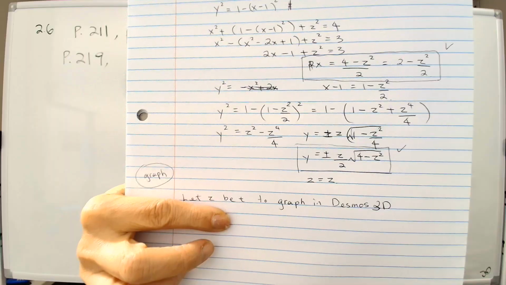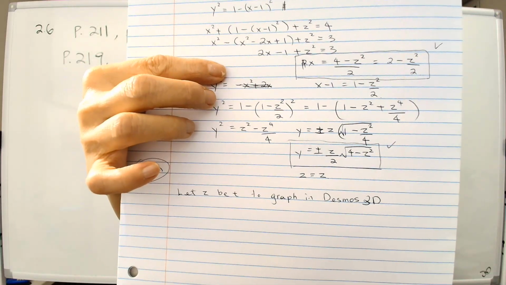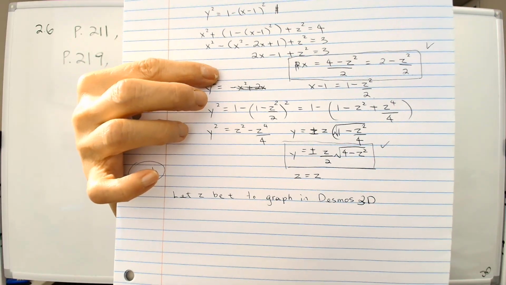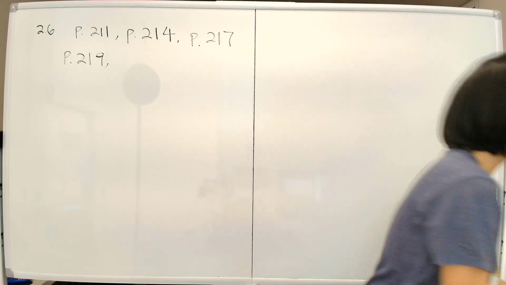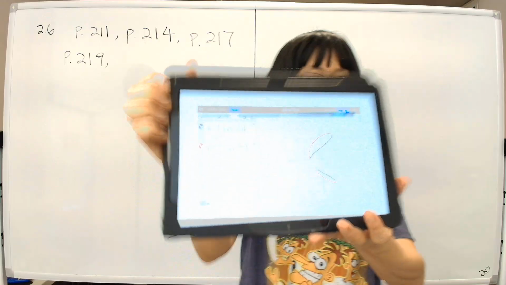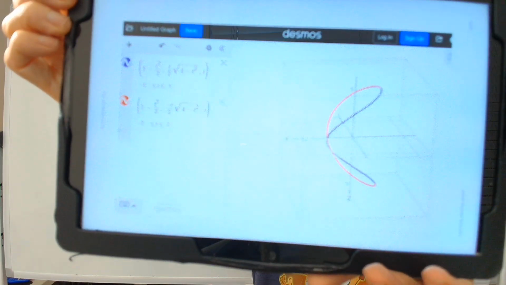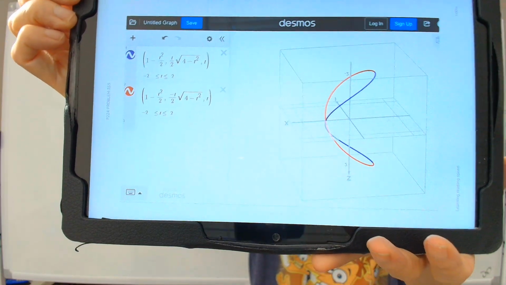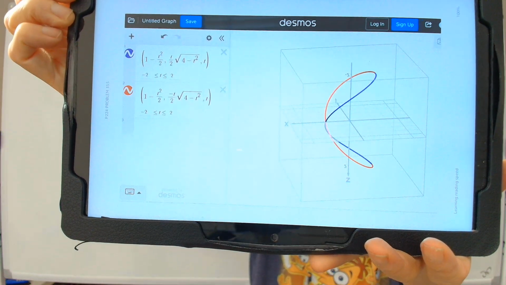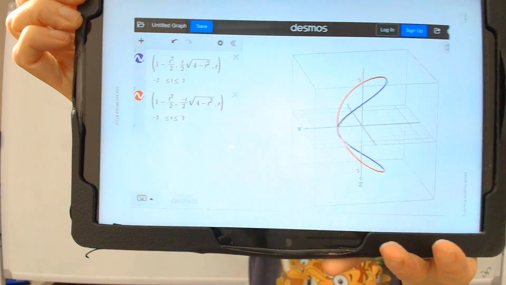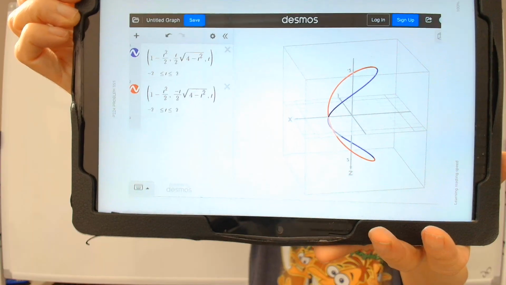Then of course x equals, you just replace z with t in both x and y, and then I plot it in the Desmos calculator, and here is what I got. Here's this in Desmos 3D, and I think I have the Desmos 3D link below in the course descriptions.